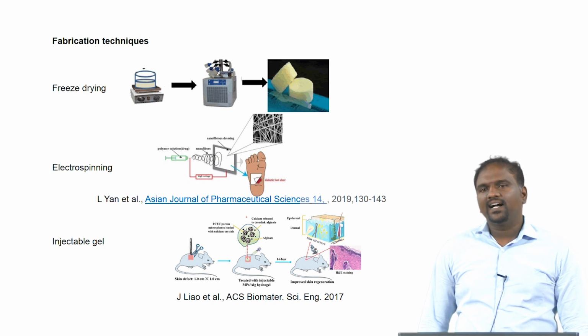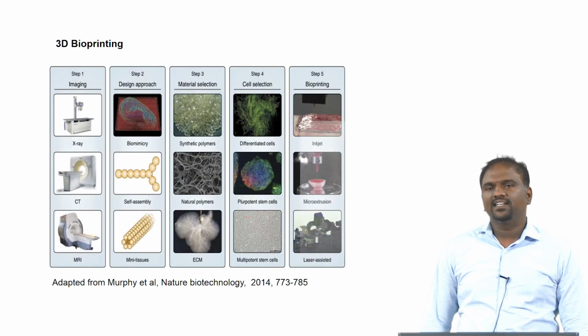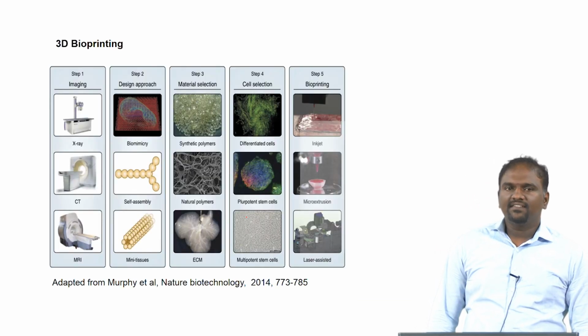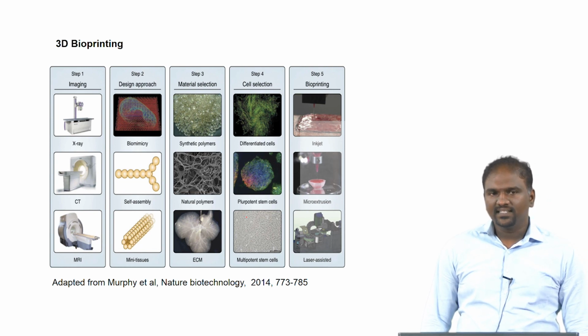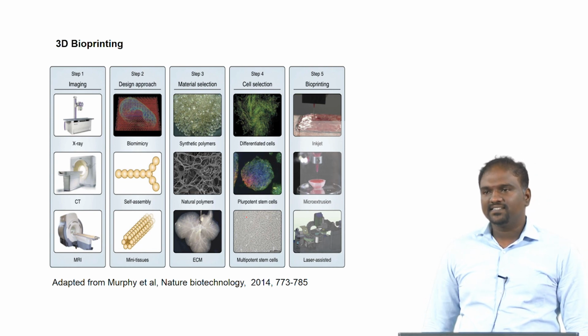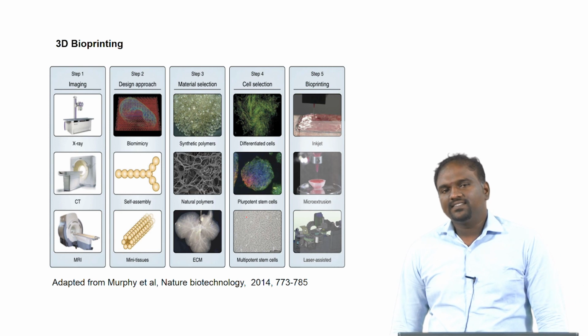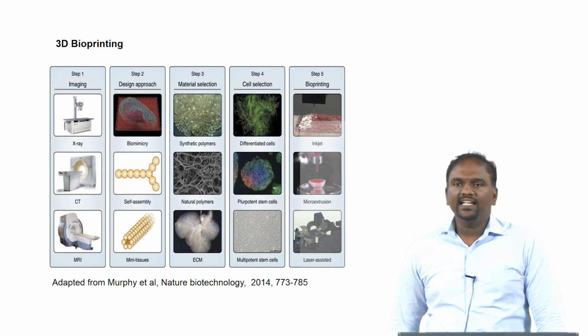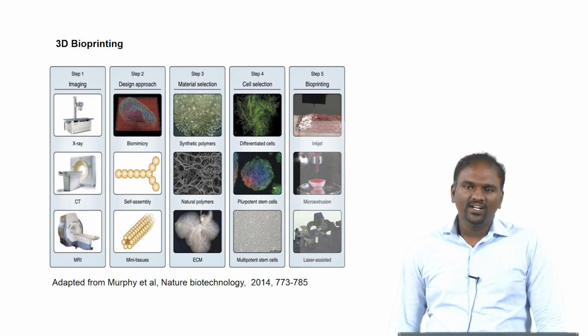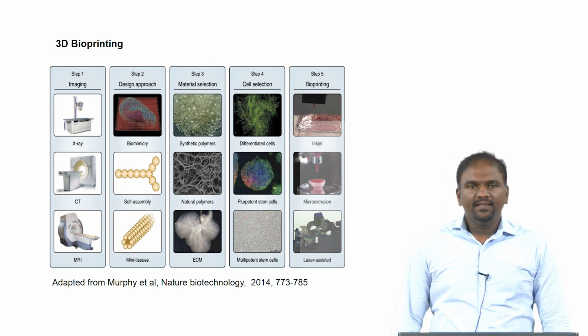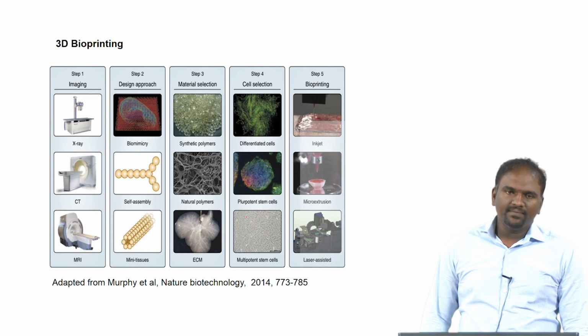Another advanced technique involved in making skin graft is 3D printing. It involves various steps. First, we scan that particular tissue. If we take skin, the skin will be imaged under a CT scan or MRI scan.